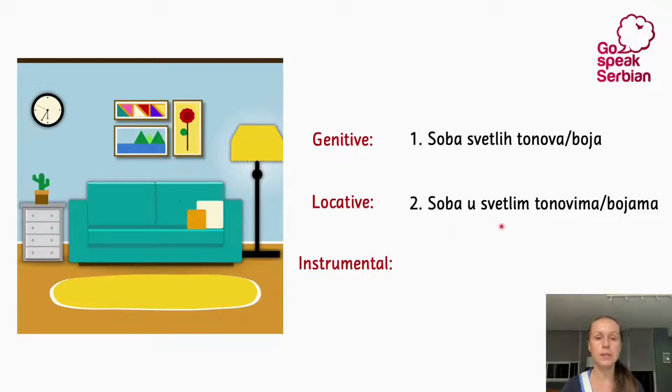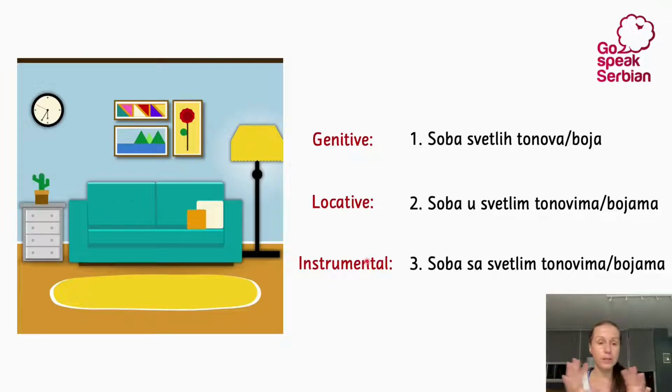Soba u svetlim tonovima ili bojama. The room with light tones or colors. And instrumental, soba sa svetlim tonovima bojama. Again, the room with light tones or colors. All these three cases, as you can see, convey the same meaning. We are describing the room and its appearance.